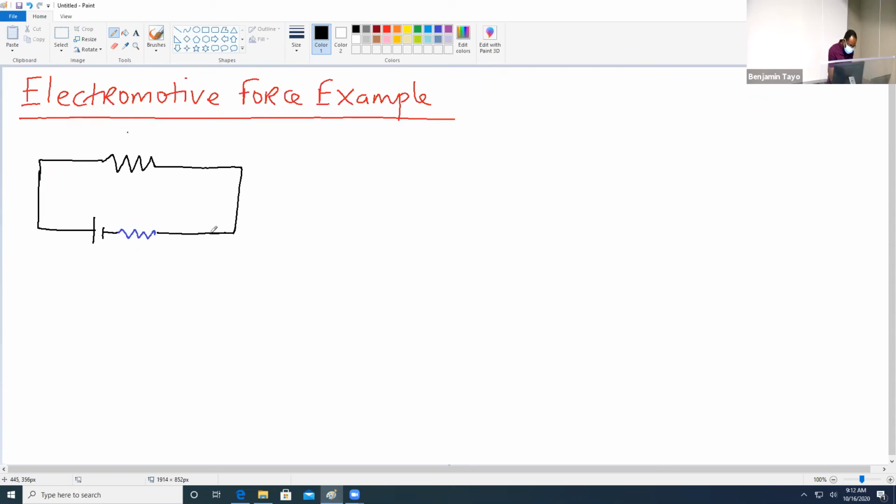Let's say the external resistance is 10 ohms. All of this is my battery. Notice that the battery has some internal resistance, which is always given by lowercase r, and let's call this 1 ohm.